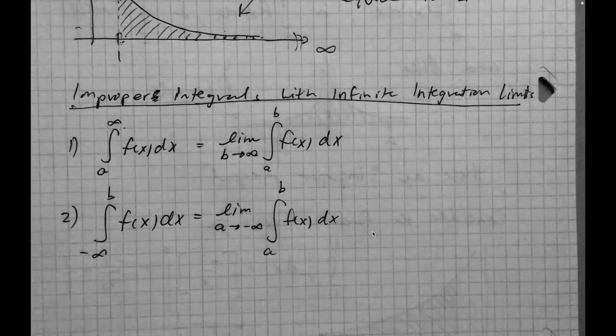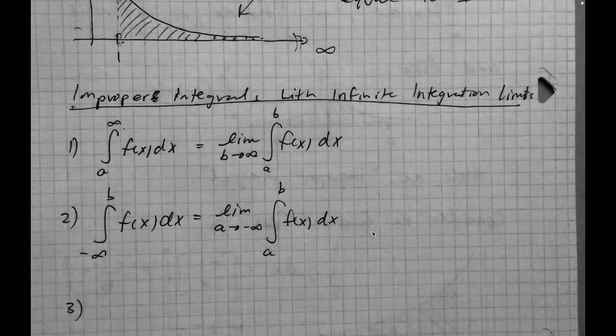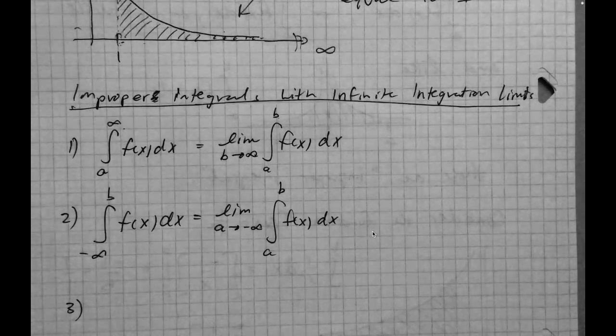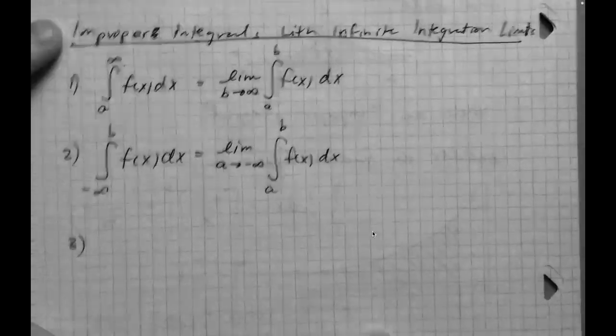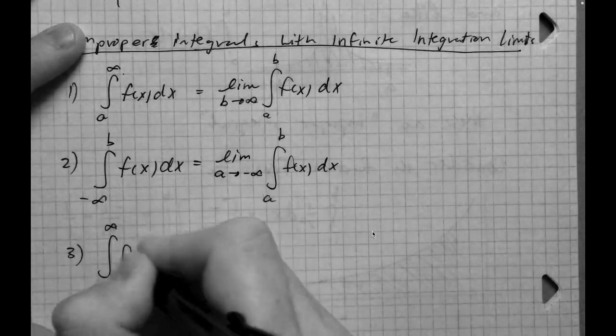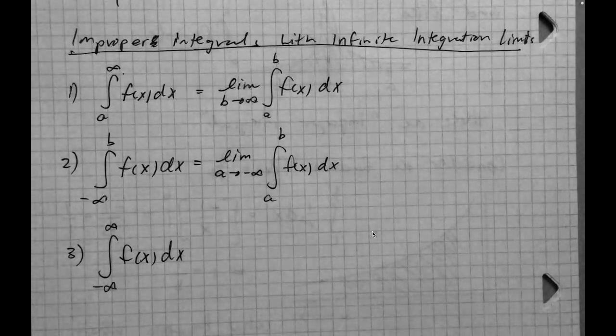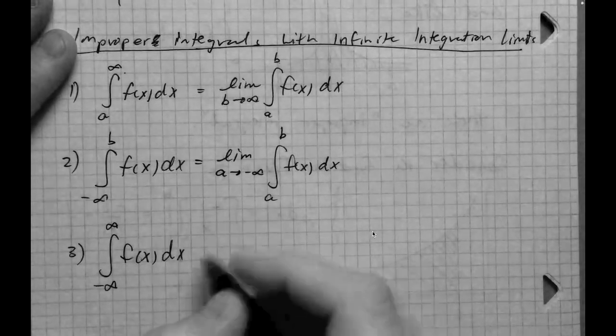Okay, and then the other scenario is where both upper and lower integration bounds are infinite, right? So I have something like this. I want to sum across the entire real number line for some function.